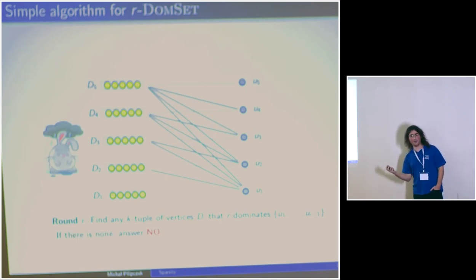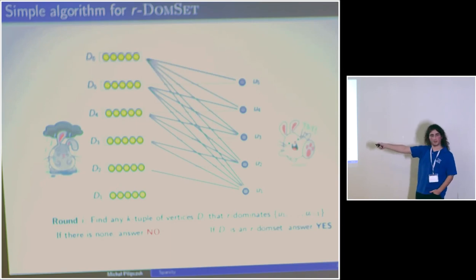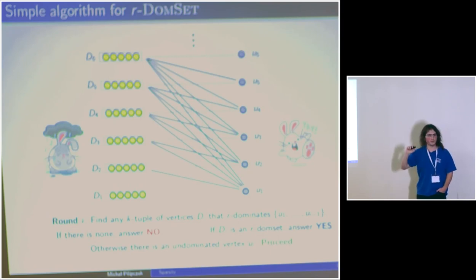It may happen that there is none, yes? But then I am certain that there is no r-dominating set of the whole graph. And I can answer no. Yeah? Because already those vertices I am unable to dominate. Yes? Otherwise, I find it, yes? And if it happens to be an r-dominating set, I'm super happy, yes? And I terminate the algorithm again. Otherwise, I find the vertex ui, yes, that is not r-dominated by this, and I just continue. Yeah? So this is the whole algorithm.